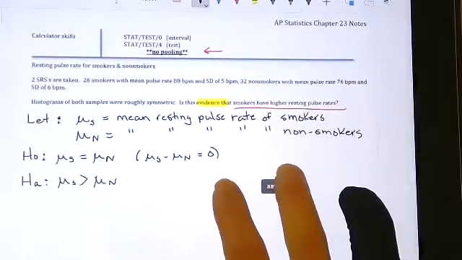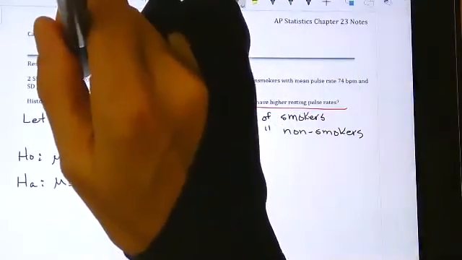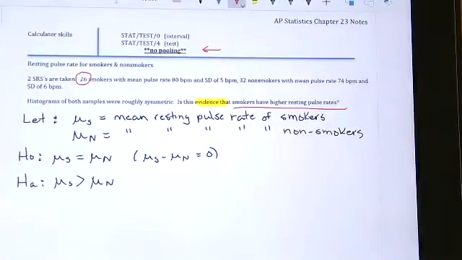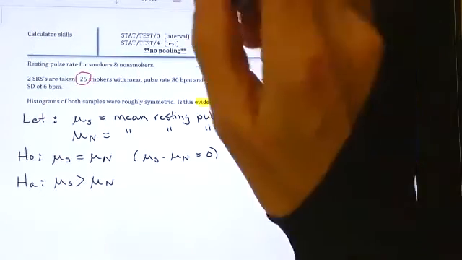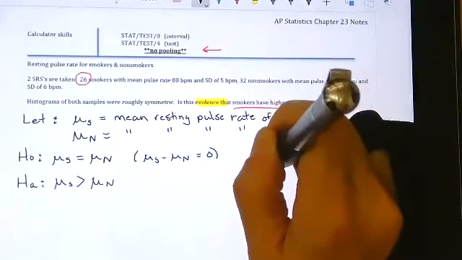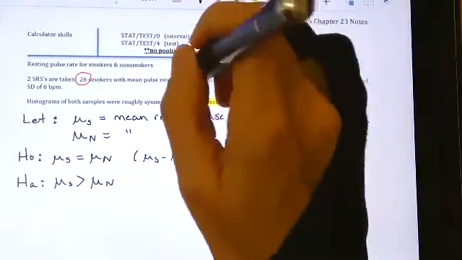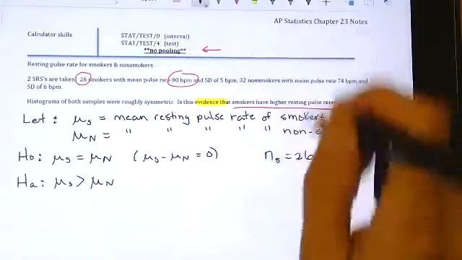Okay. Some other information here, just to write down, is our sample sizes. 26 is the sample of smokers. So on the side here, I'm just going to say my sample of smokers is 26. They had a pulse rate of 80.